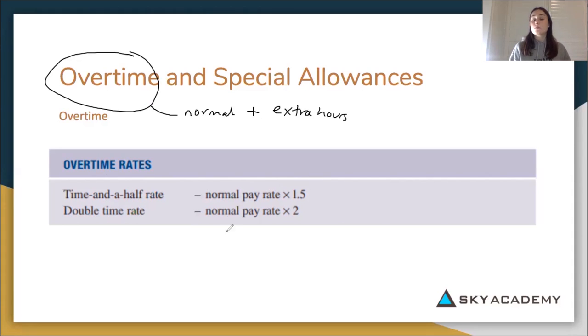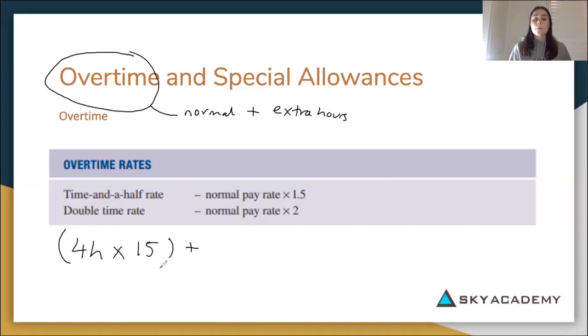So if I worked a 4-hour week, getting $15 an hour, but then I also do some overtime, so I do 3 hours extra at double time, this is what my equation or my working out would look like.